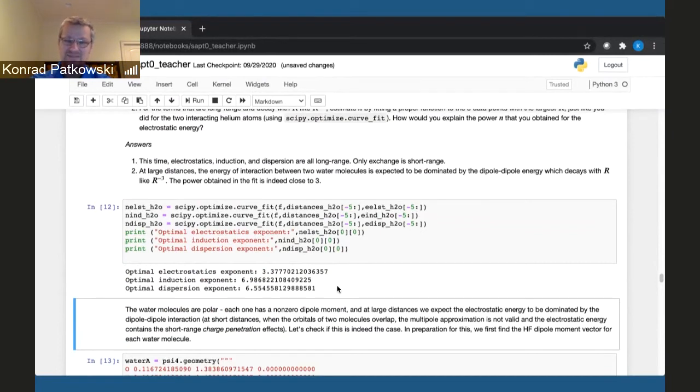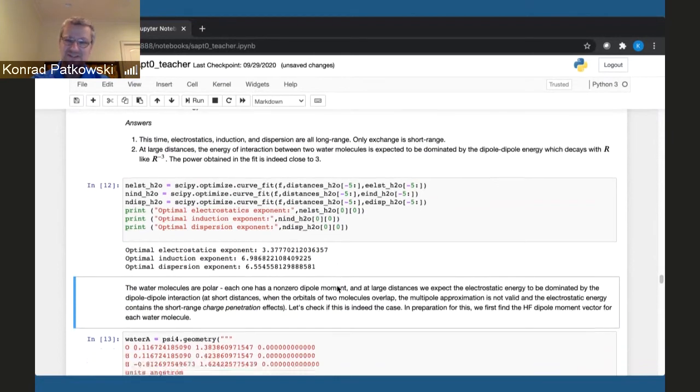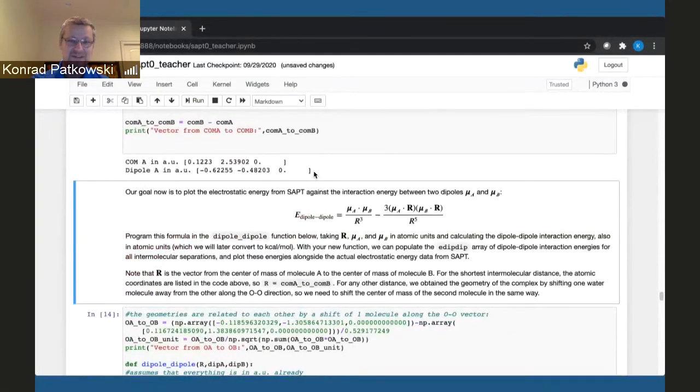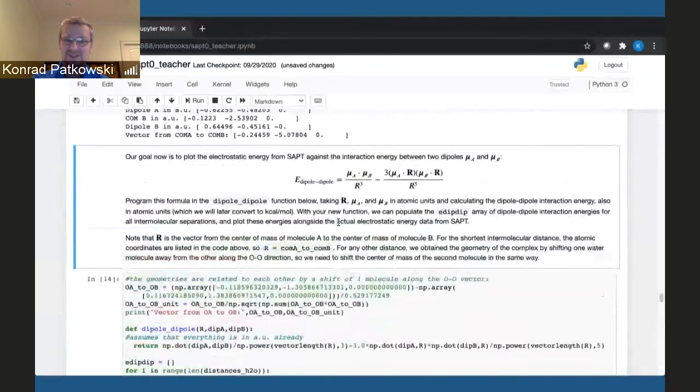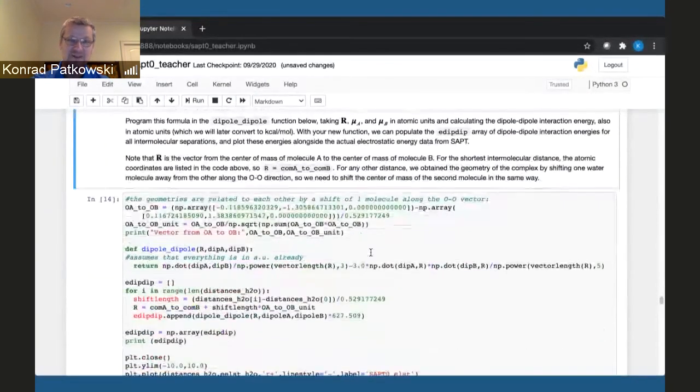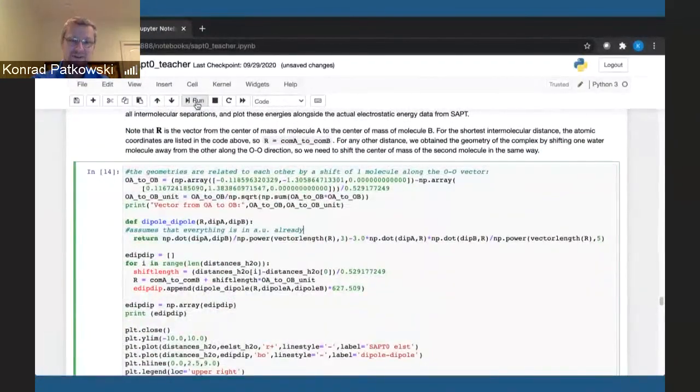And I think it's very important to understand that what SAPT gives for electrostatics is not just a dipole-dipole interaction. And for this purpose, we quickly calculate the dipole moments for each water molecule at the Hartree-Fock level. And now the students, using the theory provided, can write a formula for the dipole-dipole interaction.